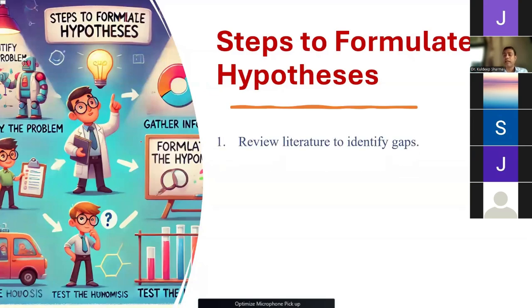Steps in formulating hypothesis. Here, first of all, we have to go for a review of literature so that we can identify a gap. And from the gap, we will be able to know our research problem. And that problem we break into small pieces.